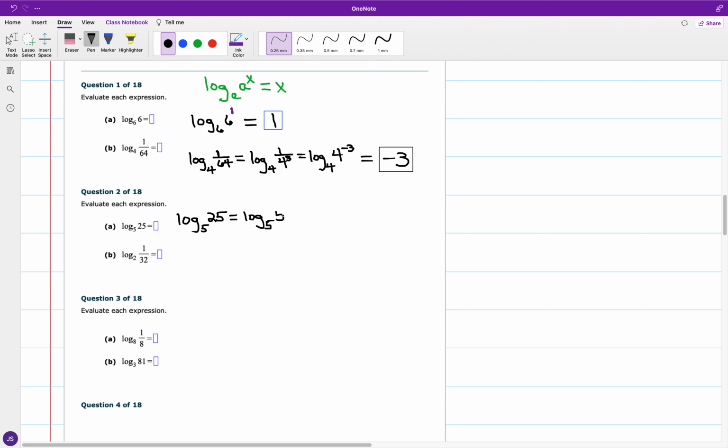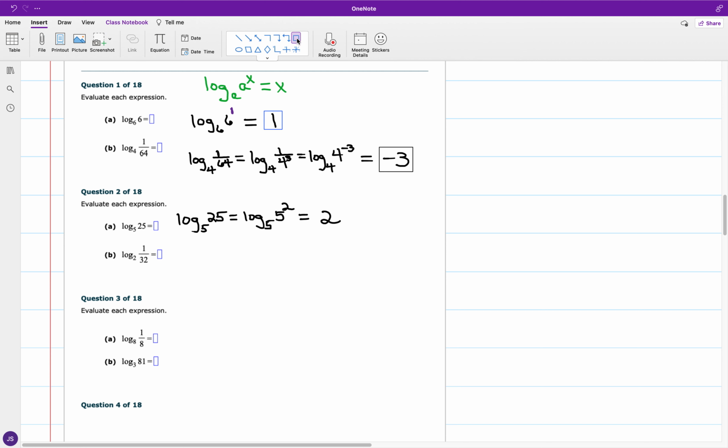So putting this in terms of base a log of a to the x, we have the base 5 logarithm of 5 to the second. So a is 5, x is 2, and with the result at x, the base 5 logarithm of 25 is equal to 2.